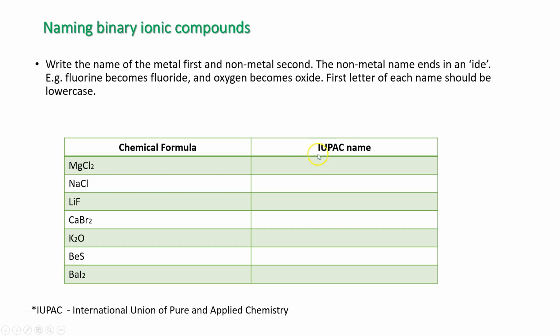This naming convention was created by a committee known as IUPAC, the International Union of Pure and Applied Chemistry. It's a federation, and this federation decided on a certain naming convention.